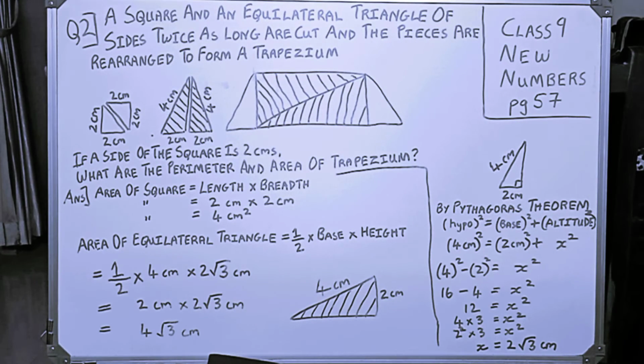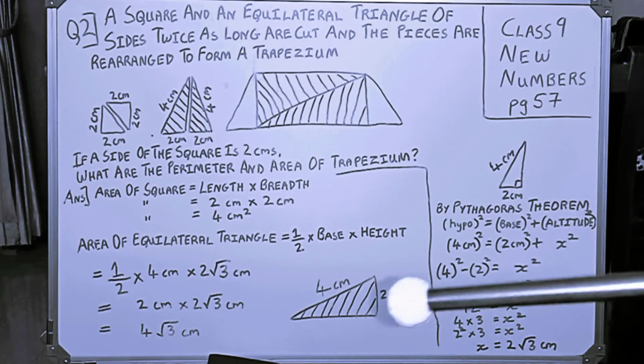So you can see height would be from this equation. Here we have got the height, height is equal to x is equal to 2 root 3. So half into base, which is 4 centimeter, into 2 root 3.